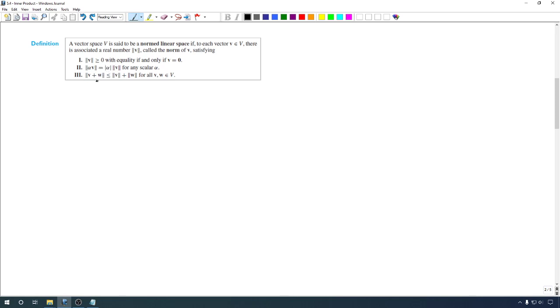And finally, the norm of a sum of two vectors is less than or equal to the sum of the norms of those vectors. This is referred to as the triangle inequality.